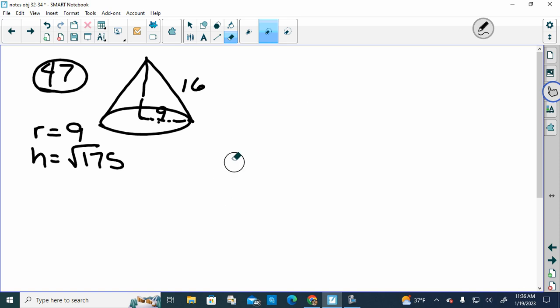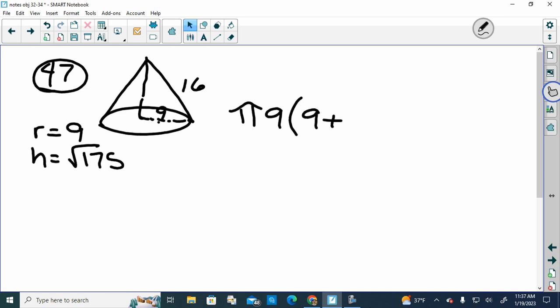Okay, so now we're plugging everything that we know into that formula that we just used on the previous one. So we have pi. The next thing is what? 9, because that's the radius, right? And then we have parentheses. What's the next thing? 9, because that's the r.